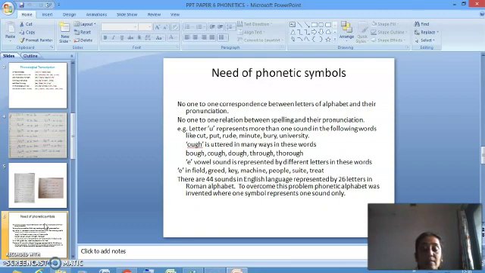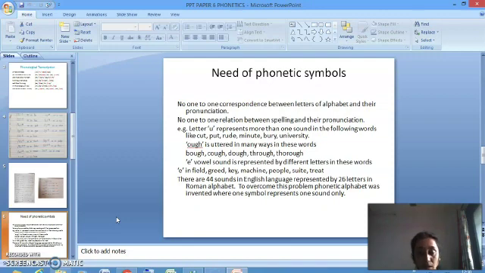So, for example, the letter U represents more than one sound in the following words. Cut: the vowel sound is O. Put: the vowel sound is U. Nude, minute: U represents E. Bury: it represents O. University: it represents Y. Right?